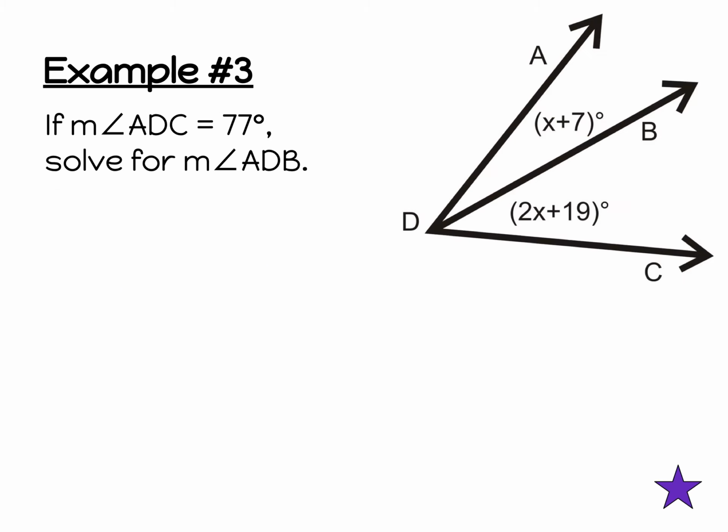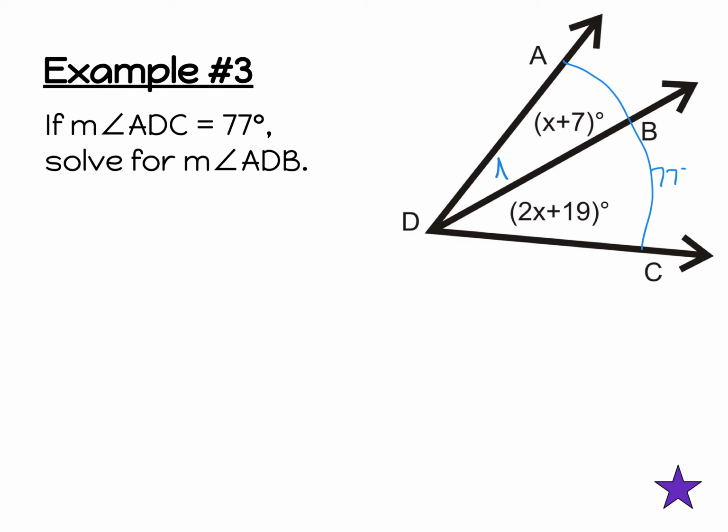The next example says if the measure of angle ADC is 77 degrees. So again, let's look at ADC is the large angle, ADC. So this large angle here is 77 degrees. I want to solve this time for the measure of angle ADB.